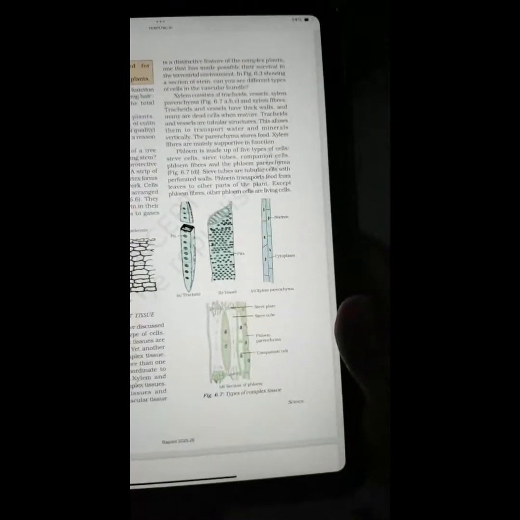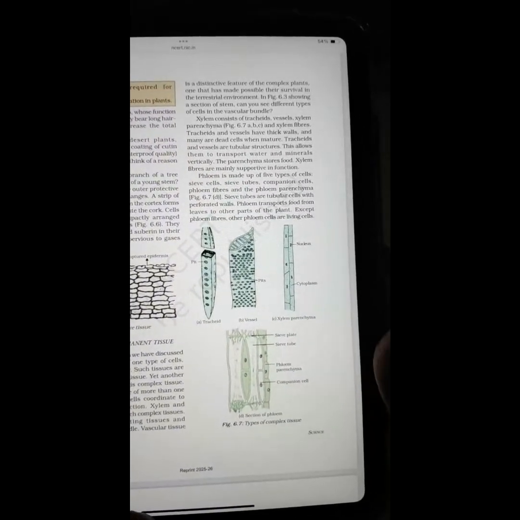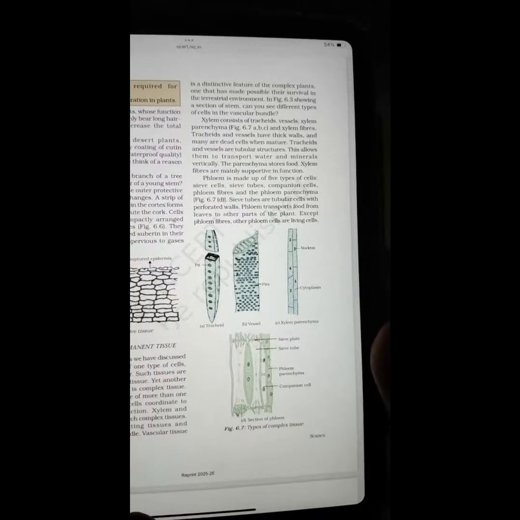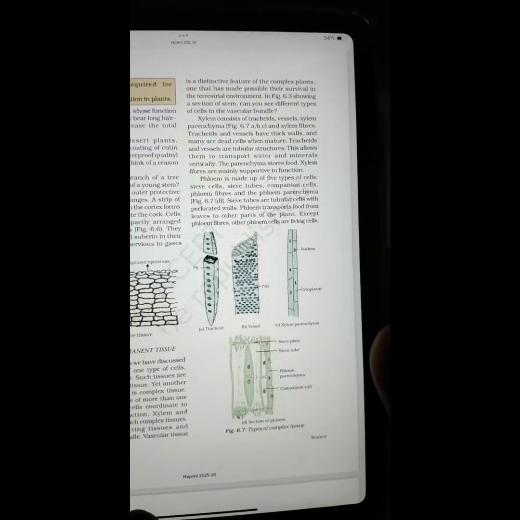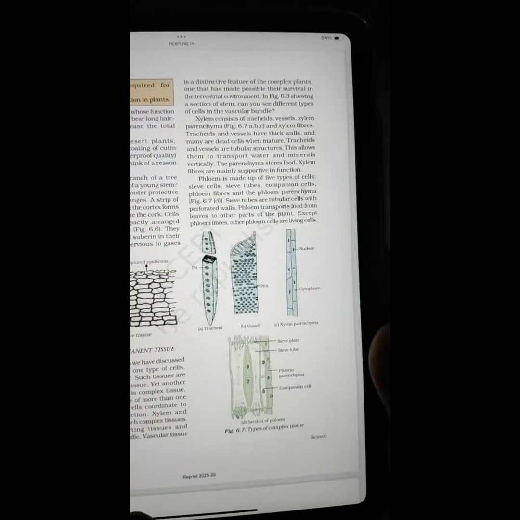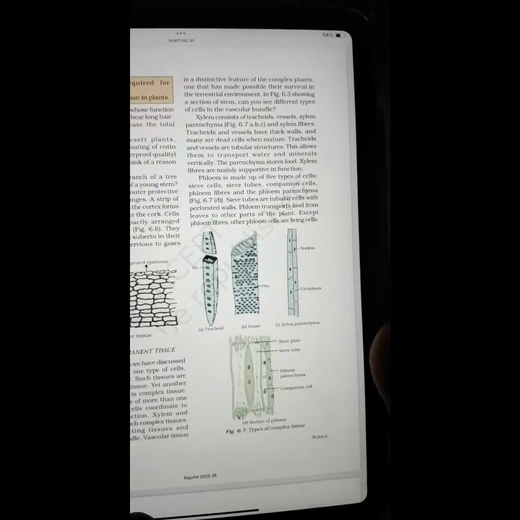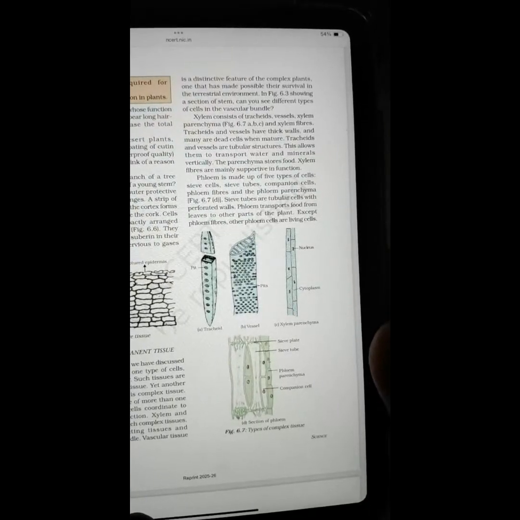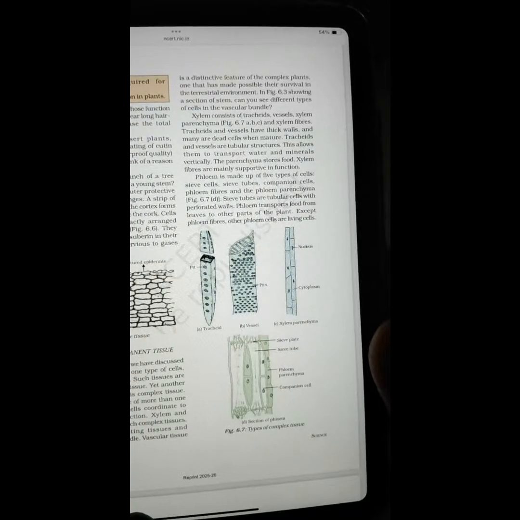Vascular tissue, on this side, so we are on the right side of page number 64 of chapter 6, Tissues, grade 9 science, is a distinctive feature of the complex plants, one that has made possible their survival in the terrestrial environment. In figure 6.3 showing a section of stem, can you see different types of cells in the vascular bundle?